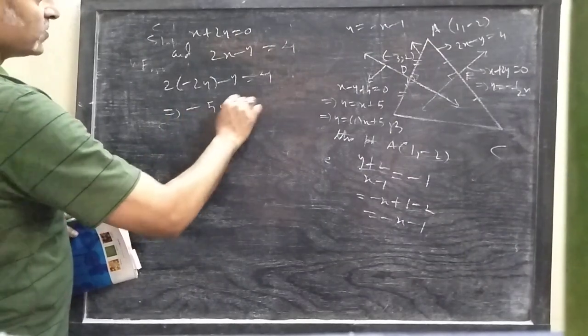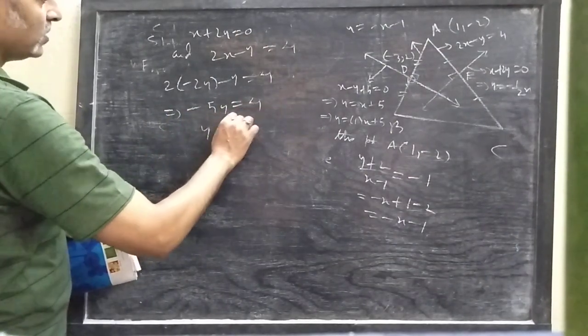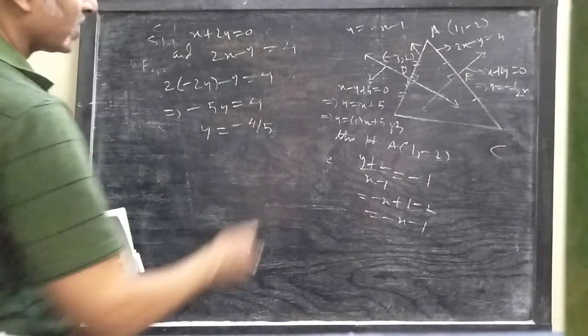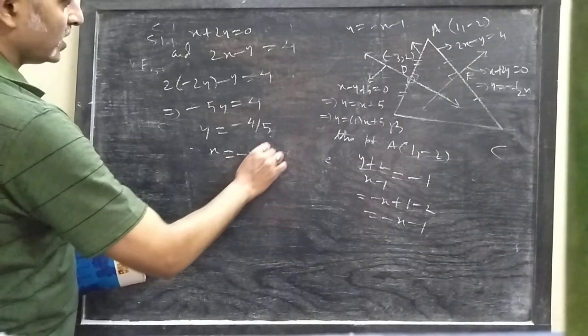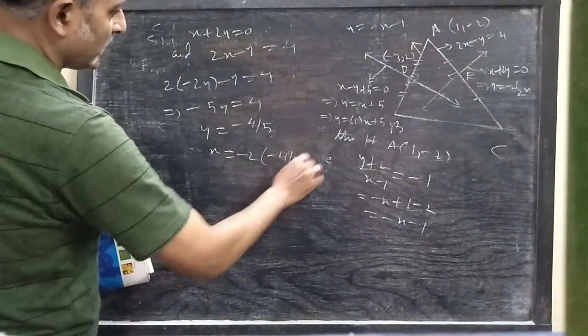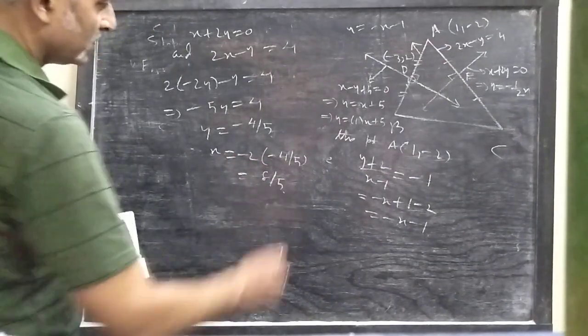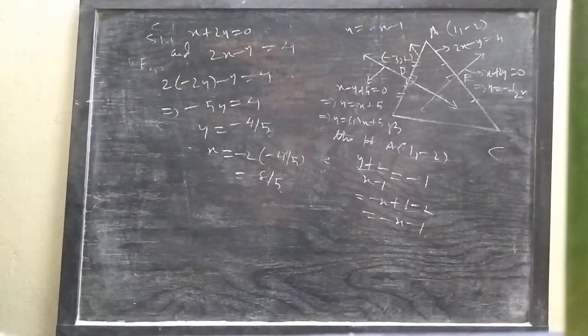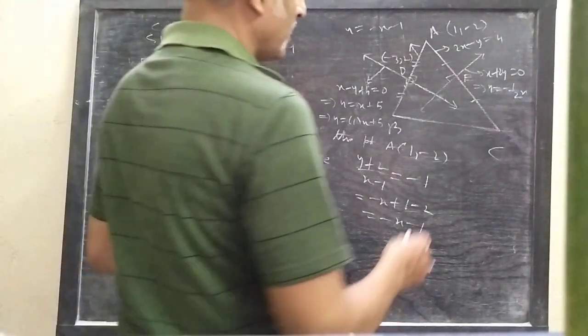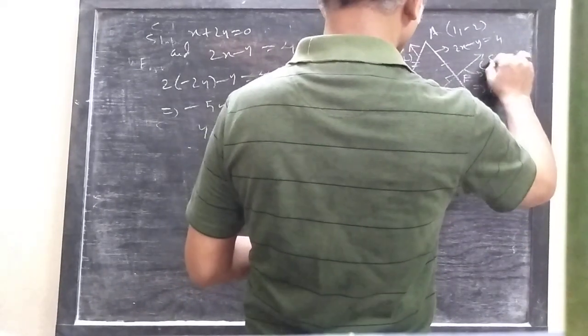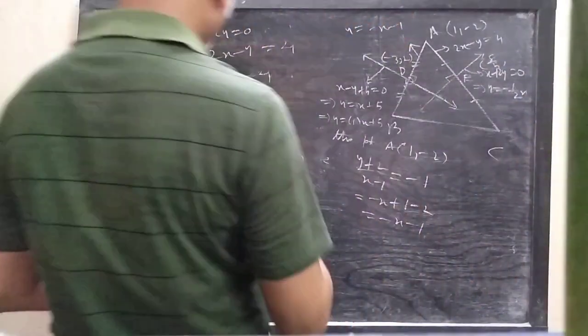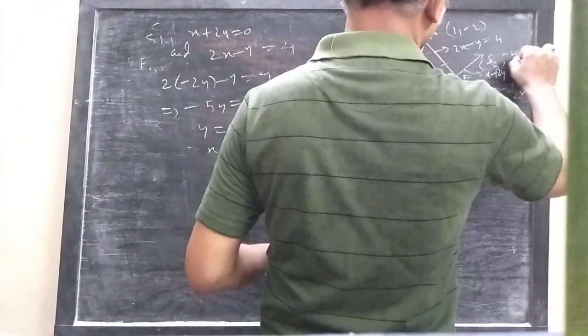You get minus 5y equals 4, so y equals minus 4 by 5. Therefore x equals minus 2y, so minus 2 into minus 4 by 5, you get x equals 8 by 5. So the coordinates of point E are (8 by 5, minus 4 by 5).